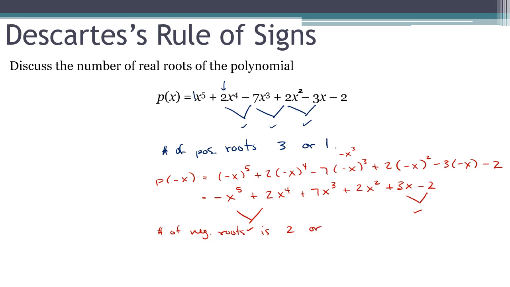Start subtracting 2s. 2 minus 2 is 0, so it's possible there are no negative roots. That's an acceptable answer. If we subtract 2 again, we get to negative 2, and you can't have a negative number of roots. So there are my answers: there are either 2 or 0 negative roots, and either 3 or 1 positive roots.